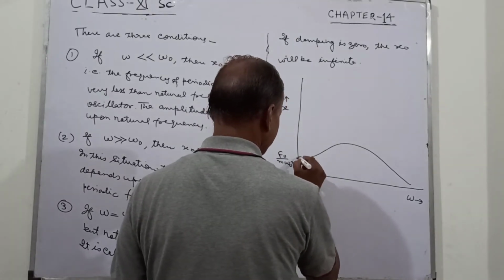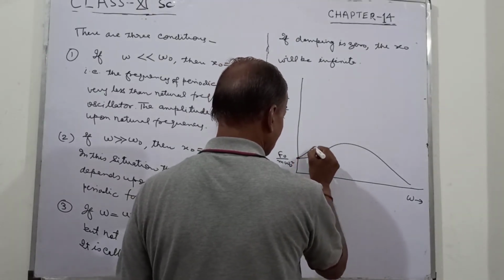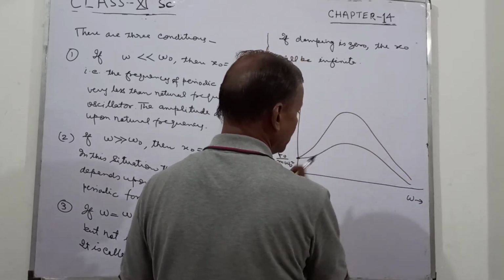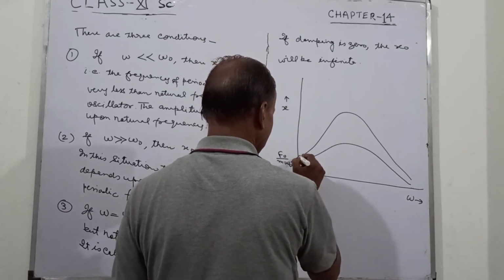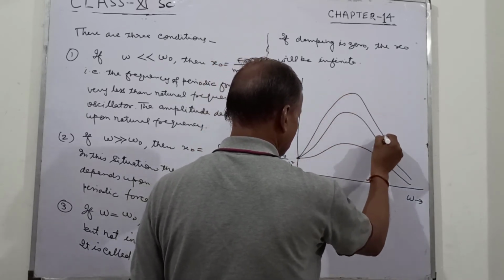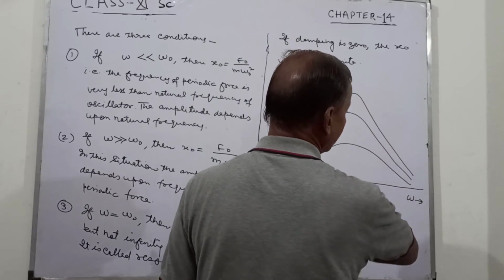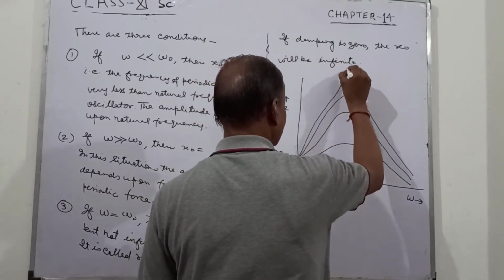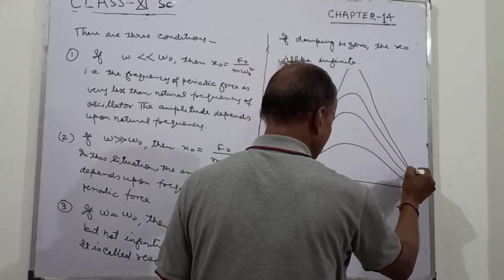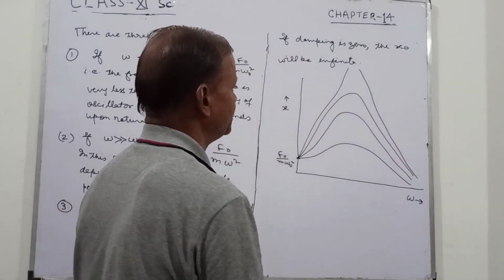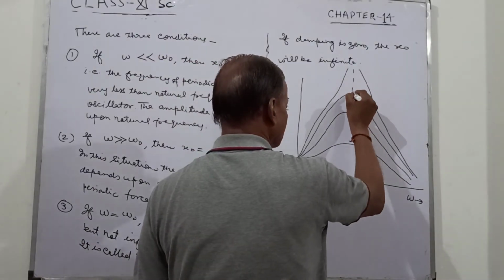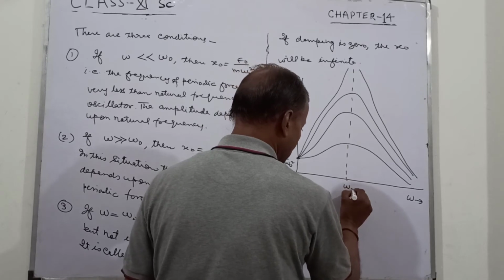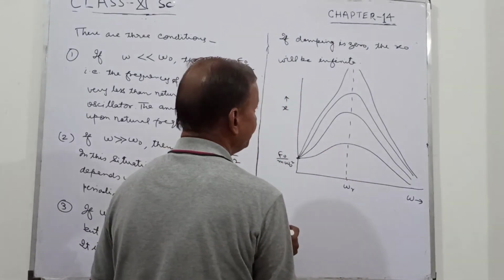When damping is low, then we have this. This is for very low damping. If the damping is 0, then the curve will be like this. Here we have the frequency omega r, the resonant frequency.